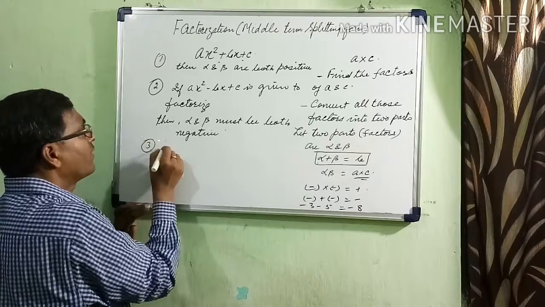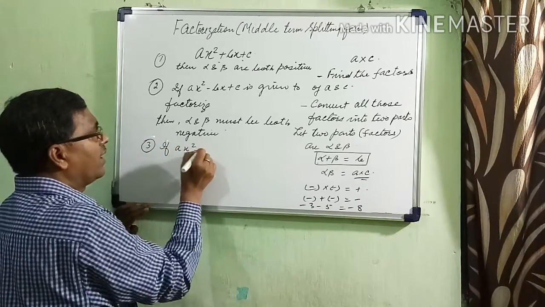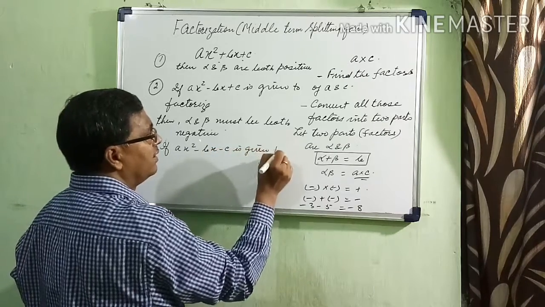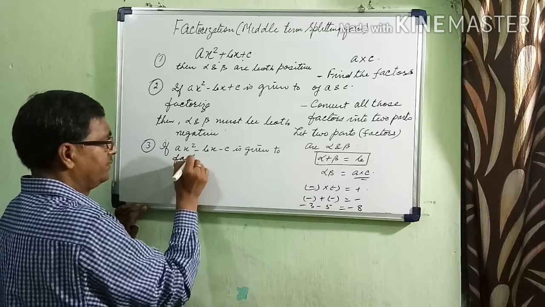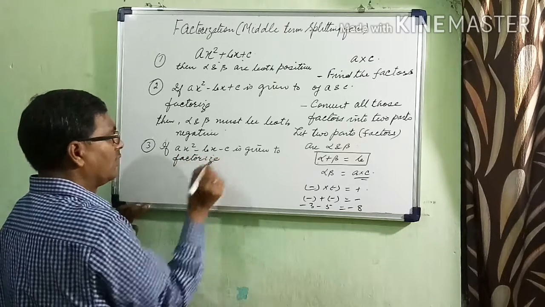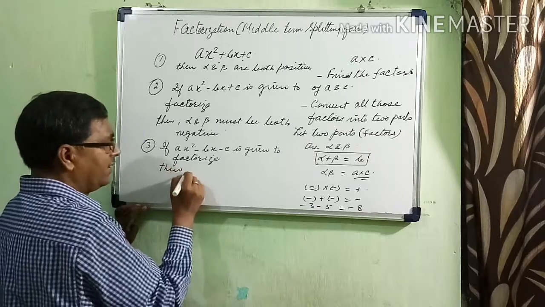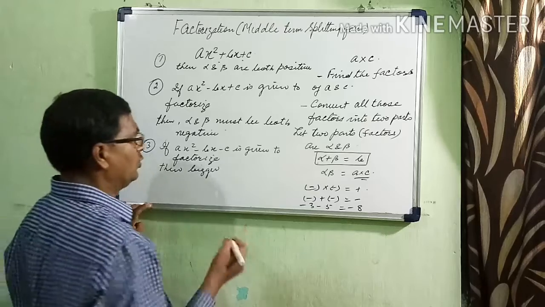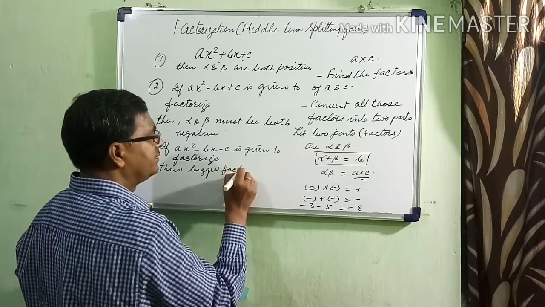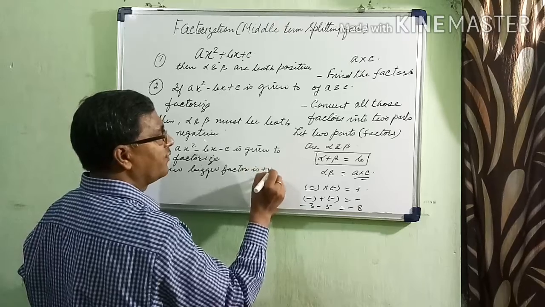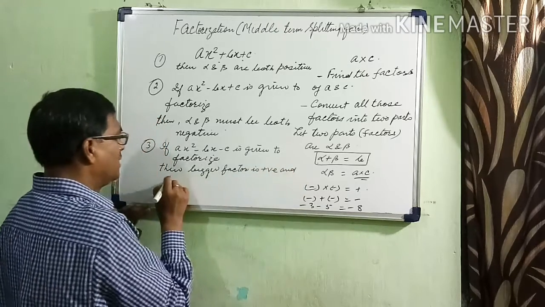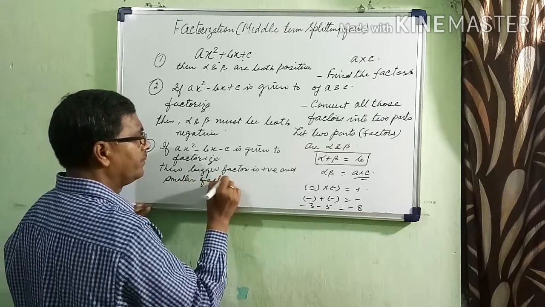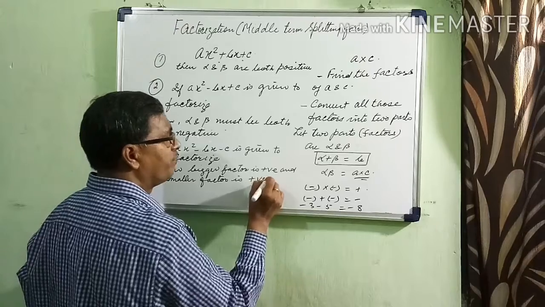Third case: if ax square minus bx minus c is given to factorize, then the bigger factor, it may be alpha or beta, it depends on you, is negative and the smaller factor is positive.